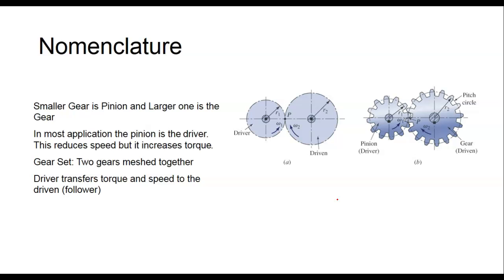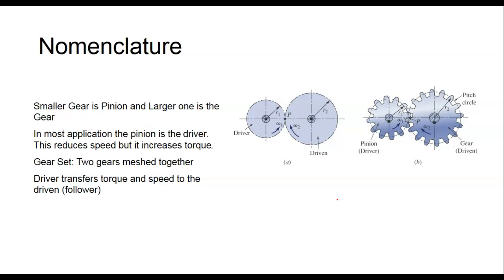So if our driver gear, our pinion gear, is smaller than our driven gear, then it will be a torque multiplier and a speed divider. And the ratios are the same. So if we have a mechanical gain of 3, then we will have a speed reduction of 1/3. So they're inversely proportional to each other.